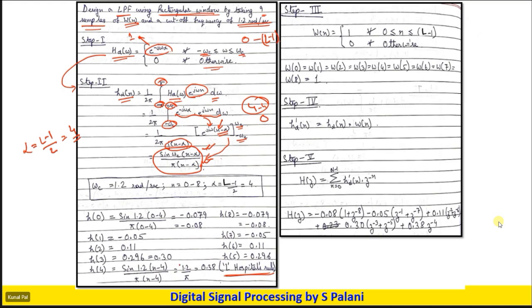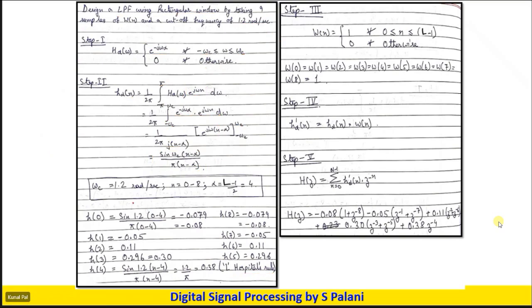Now, if you see this equation, we already have this omega c, which is 1.2 radian per second. We have n, which we will be varying from 0 to 8. And alpha, I have already told you, has a value of 4. So we will be putting these values in this equation and calculating the values of h0, h1, h2, h3, h4.